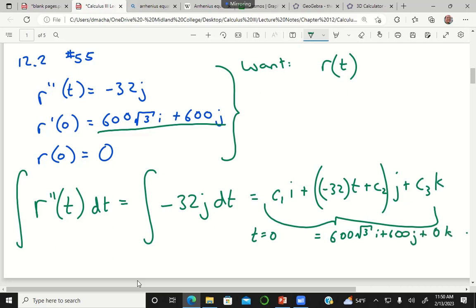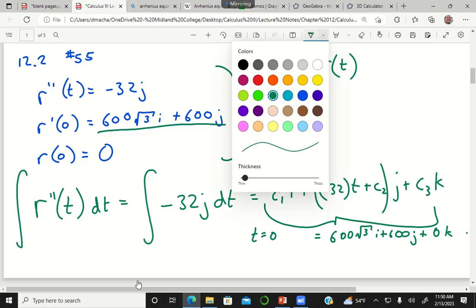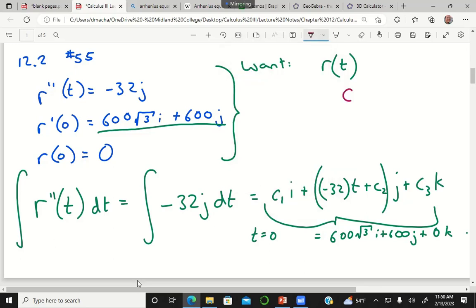And so just by looking at this, I can tell that my value for C1 has to be what? 600 square root 3. And my value for C2 has to be 600. Perfect, 600. Because t is 0, so that negative 32 times 0 just goes to 0. And then C3 is what? 0.